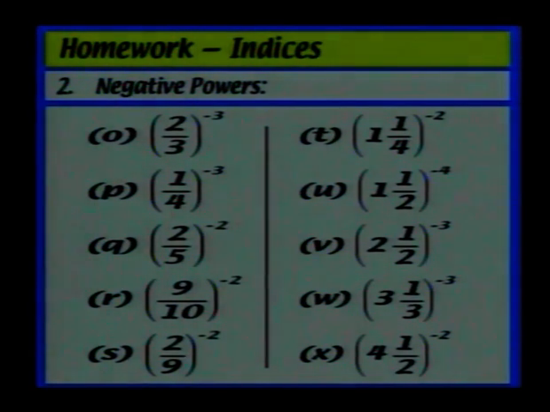Okay, letter P. Patrick, give us the answer to letter P. 1/4 to the power of -3. 64 is correct. Q. Livingston. 6 1/4 or 25/4. R. Kila. 1 and 19/81. Correct.